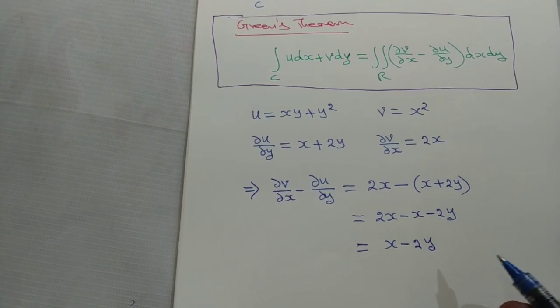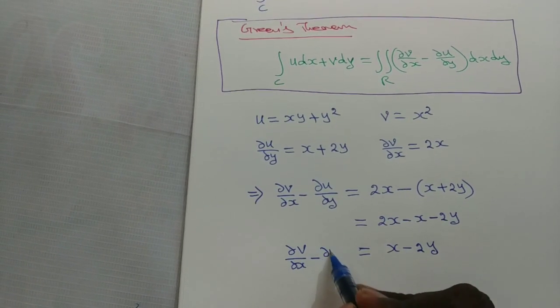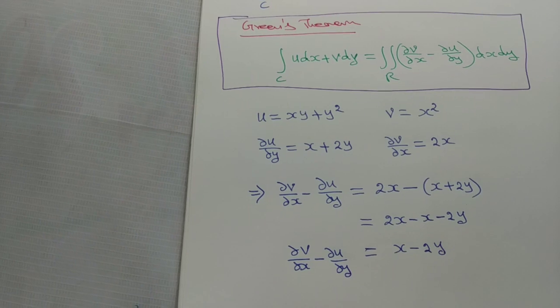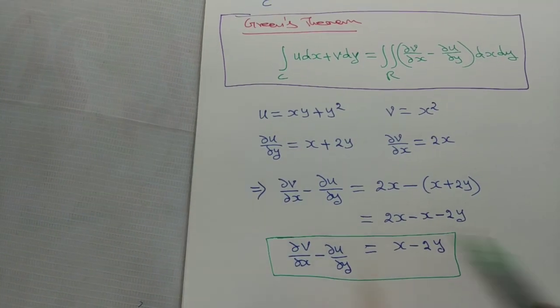So this is ∂v/∂x minus ∂u/∂y, which we can use for the RHS.